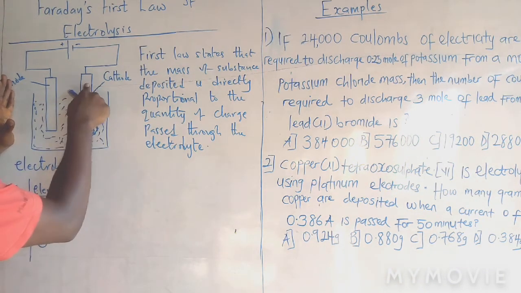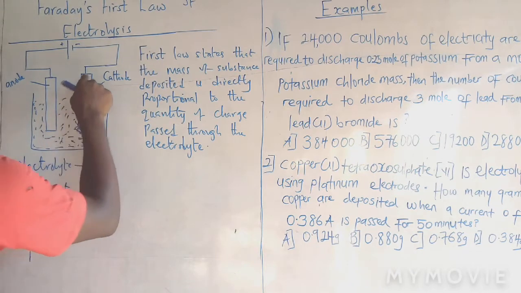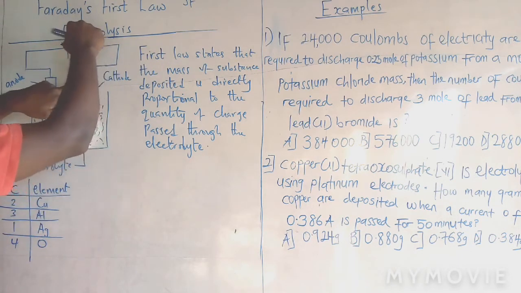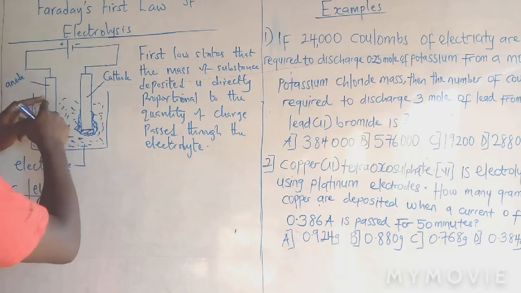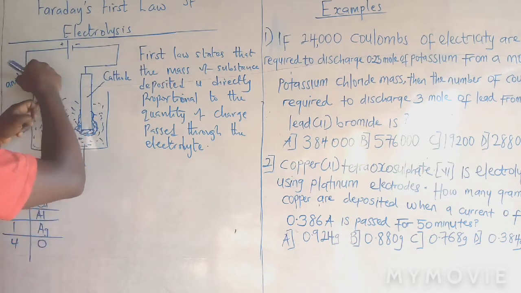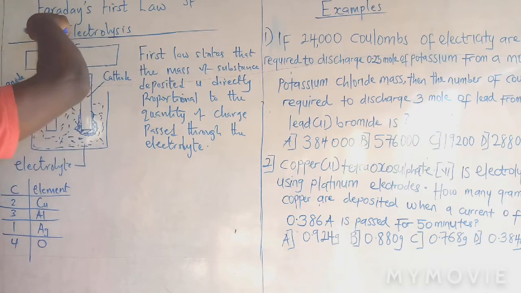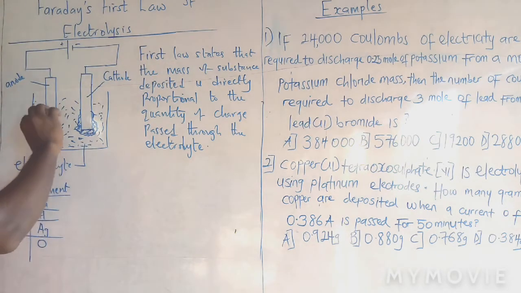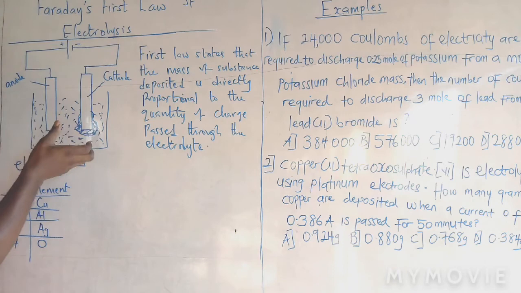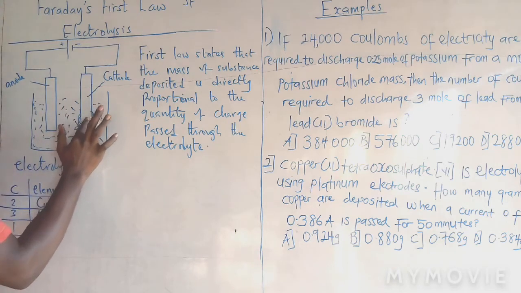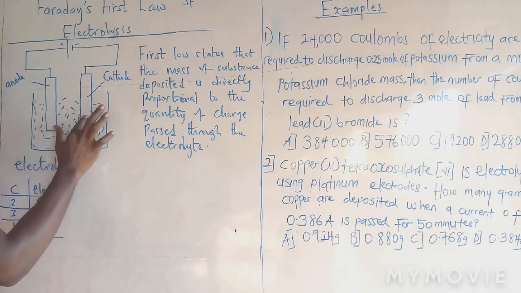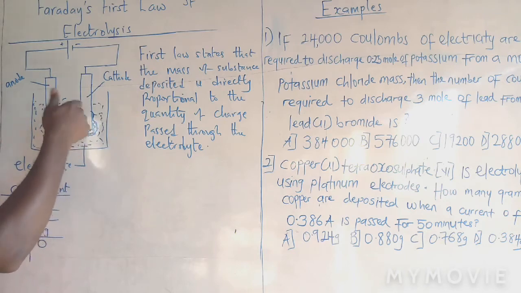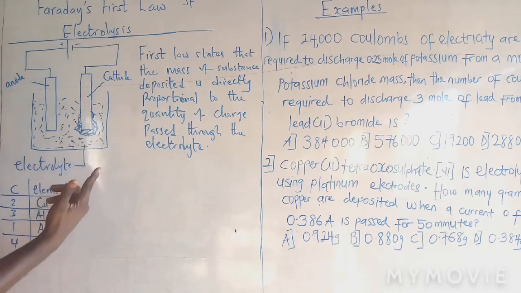We have the cathode. Remember, cathode is connected to the negative terminal. We have the anode. Anode is connected to the positive terminal of the battery. The cations accept electrons here to become deposited as a metal.